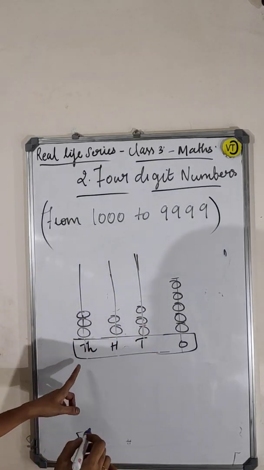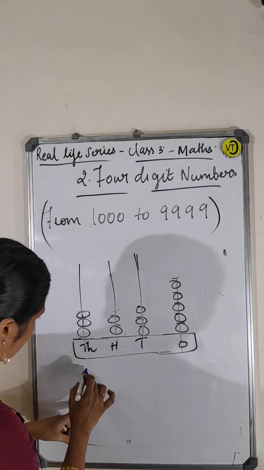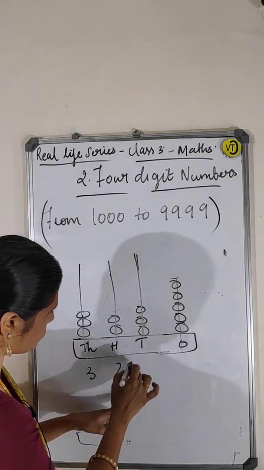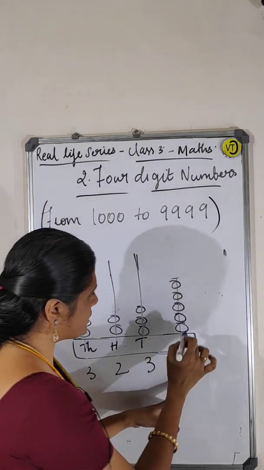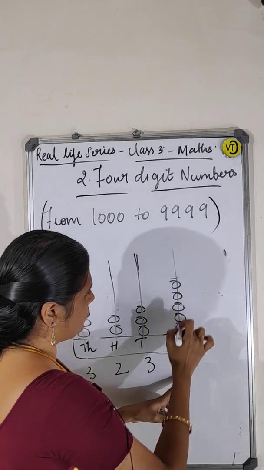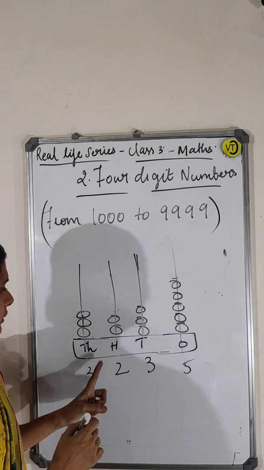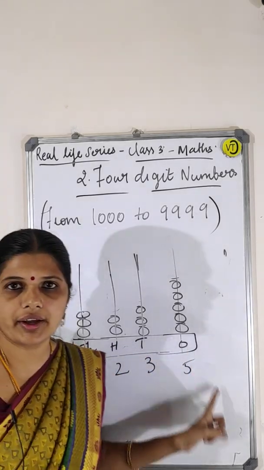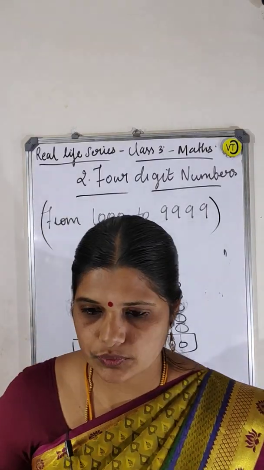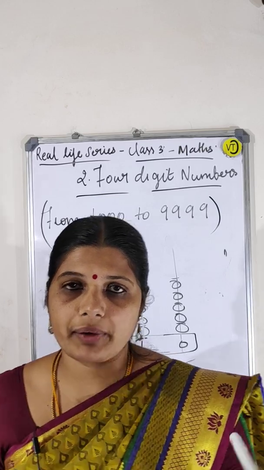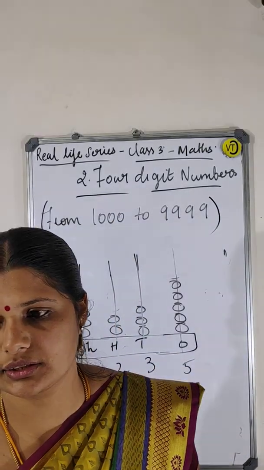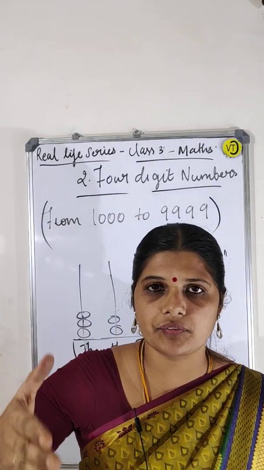Okay. Now listen. Thousands place is what? 3. Hundreds place is 2. Tens place will be 3. Ones place will be 1, 2, 3, 4, 5. 5. So 3235. Through the abacus you are getting the numerals. Okay, bead by bead you have to check it.